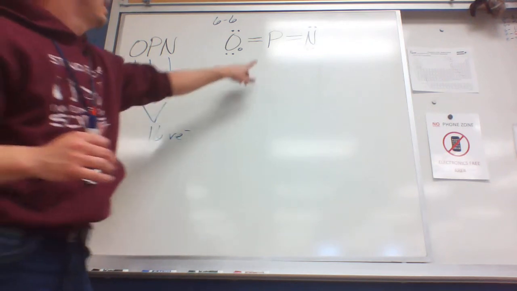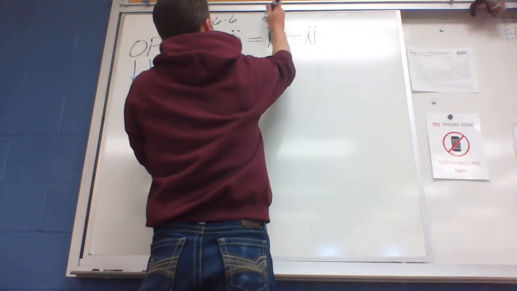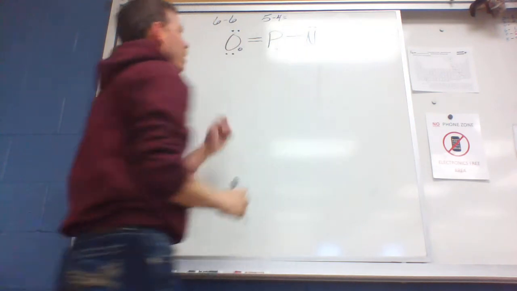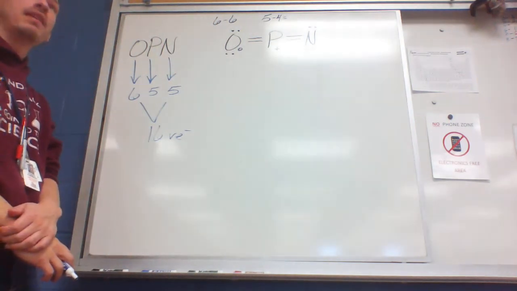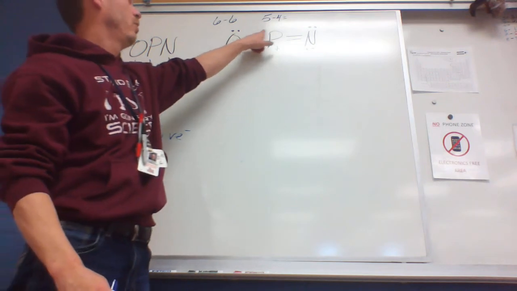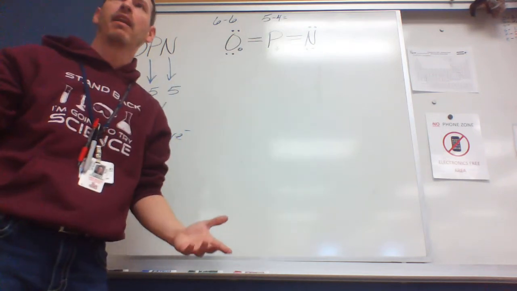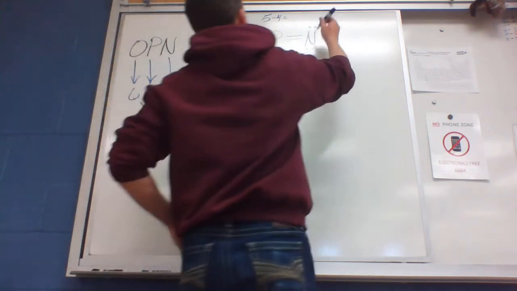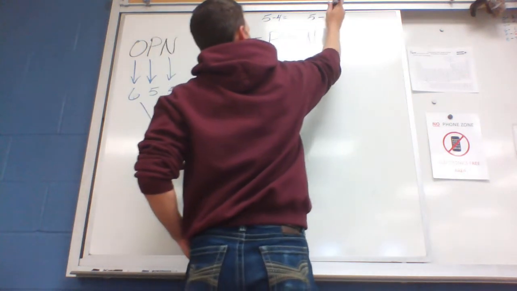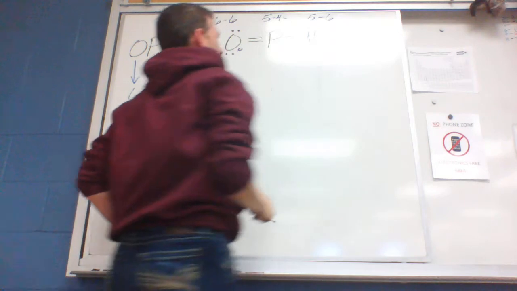All right, let's do phosphorus. 5 minus 4 equals a positive 1. Do you see how I got the 4 in the molecule? 1, 2, 3, 4. Half of every line. Nitrogen is going to be 5 minus 1, 2, 3, 4, 5, 6, which is a negative charge.